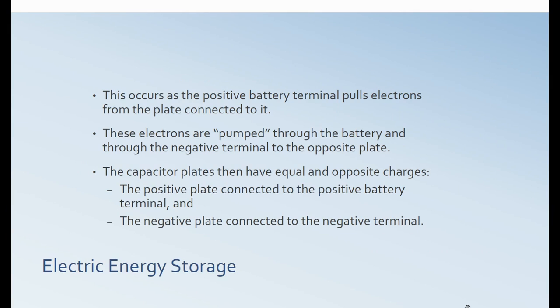This occurs as the positive battery terminal pulls electrons from the plate connected to it, and then these electrons are pumped through the battery, and from the negative terminal go to the opposite plate. And now the capacitor plates are going to have equal and opposite charges: the positive plate connected to the positive terminal, and the negative plate connected to the negative terminal.